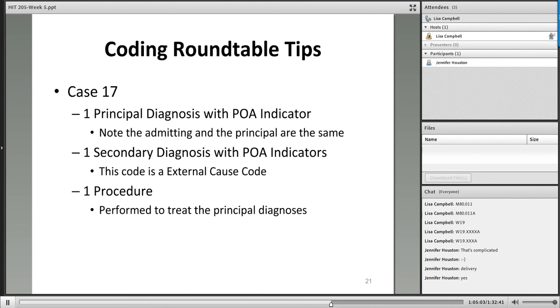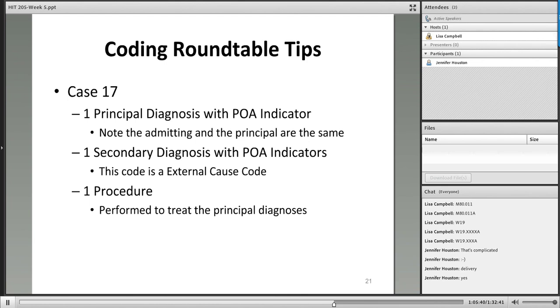Okay, case number 17. Now, remember earlier today, I mentioned that this week, the fractures that we're coding are related to the musculoskeletal system, and they start with a letter M. Okay, well, apparently, when this class was created, we were unable to find a medical record that has a principal diagnosis of a musculoskeletal condition.